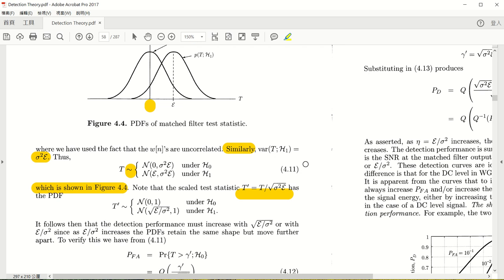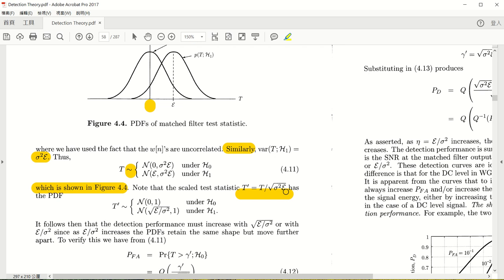It's just a change of variable. Okay, so we are changing variables here: T over this sigma square epsilon. How come we can do that? Have you ever thought about it? When we are doing change of variable, we have to do it by parameters that we know.